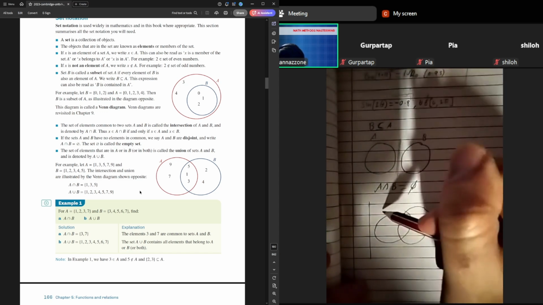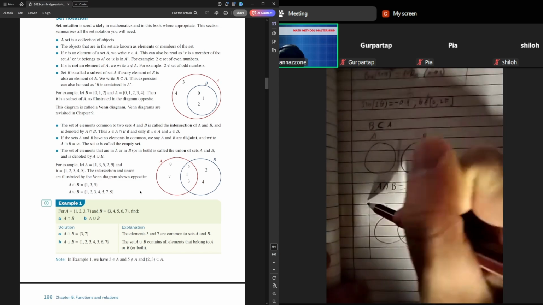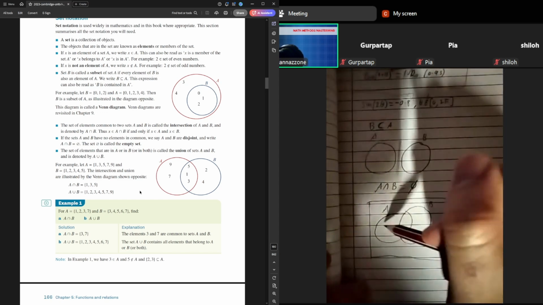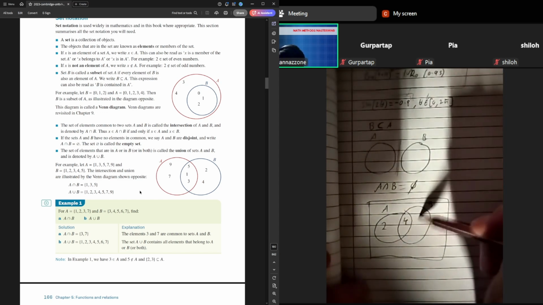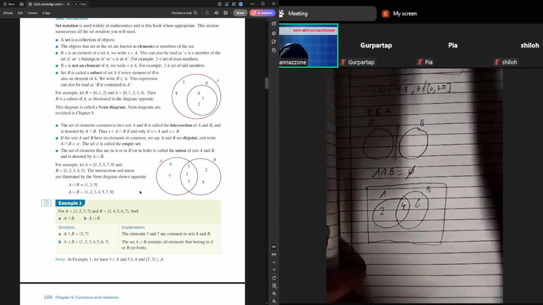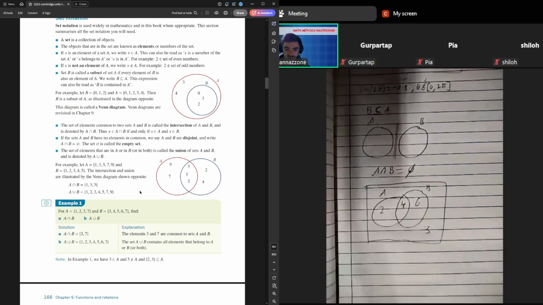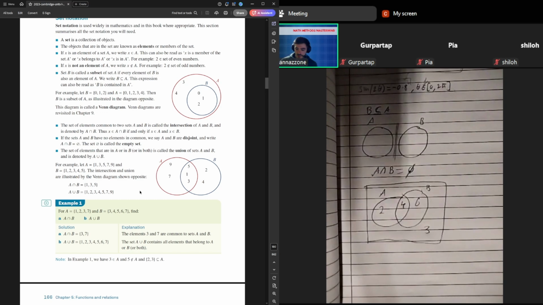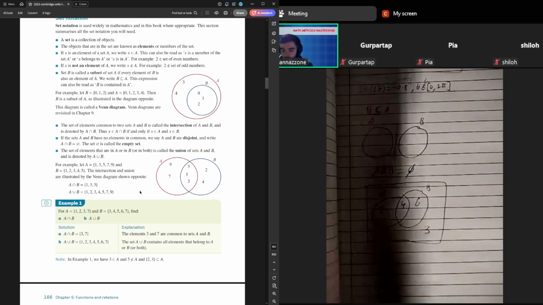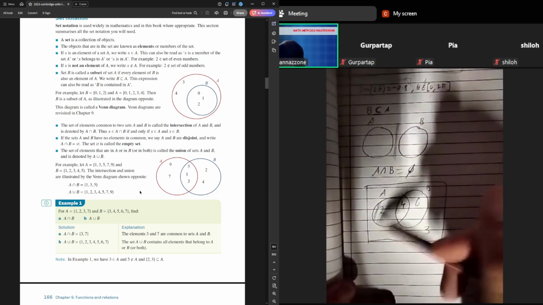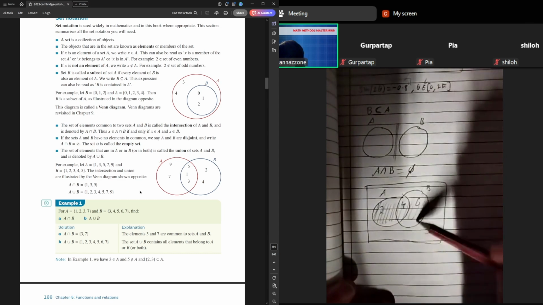So if you imagine two poorly drawn sets, A and B, you might have 2 here, 4 there, 6 there. There's also the possibility of having other numbers outside of everything. This would not be considered as part of the union. The union is all of this in here.